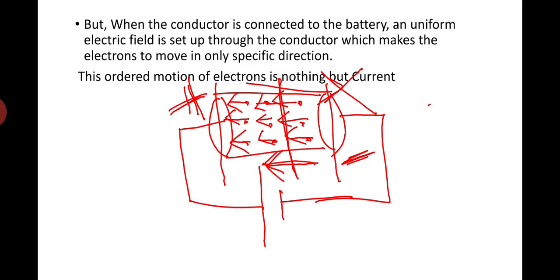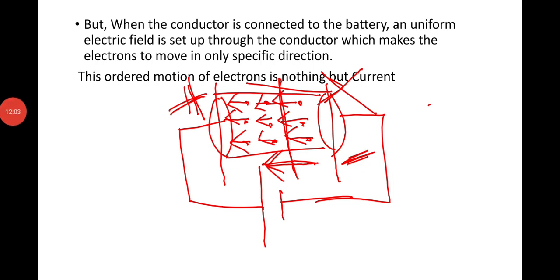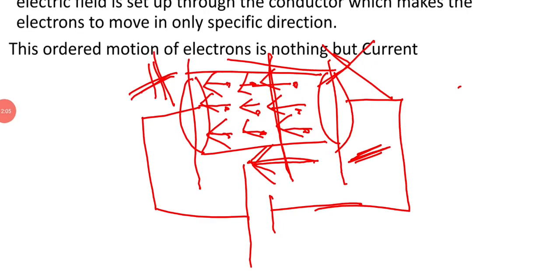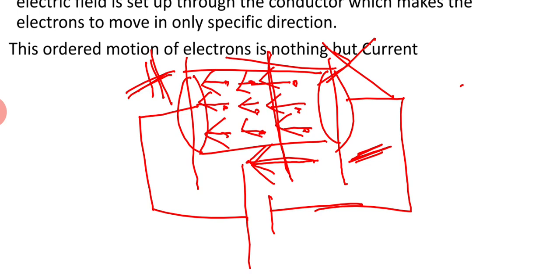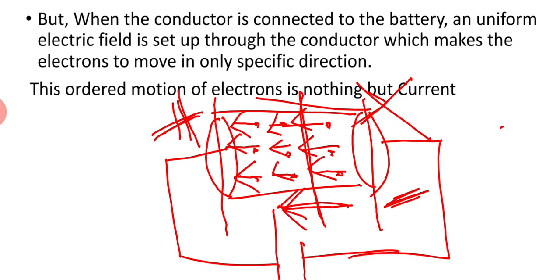It means all the electrons are moving in an ordered motion. All the electrons are moving in only one direction, that is from negative to positive, because electrons get repelled by the negative terminal and attracted by the positive terminal. That is why now in this case current will pass in this conductor.